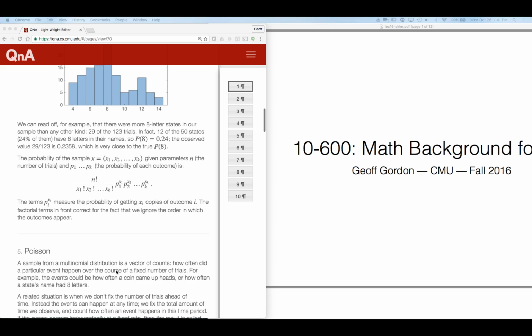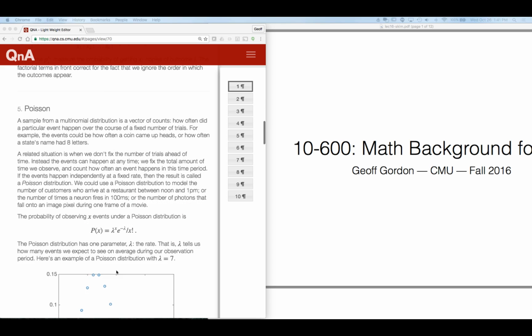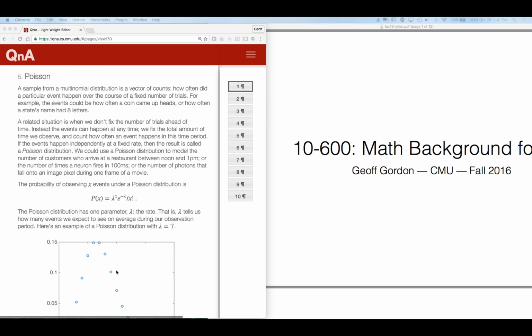All right. And so, lest you think that the world is all categorical, the Poisson distribution is another useful model of a discrete random variable. So just like a multinomial, it is a count, but it's a count in a very different situation. So what we're thinking of is there's an event that could happen at any time.